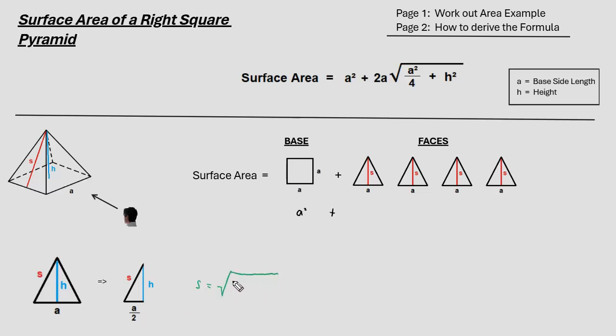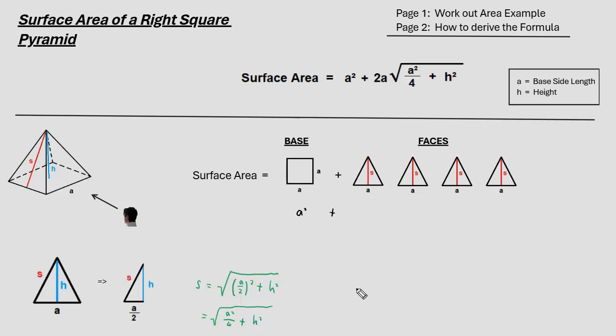So we have a over 2 squared plus the height h, also squared, which can be simplified a bit further as a squared over 4 plus h squared.